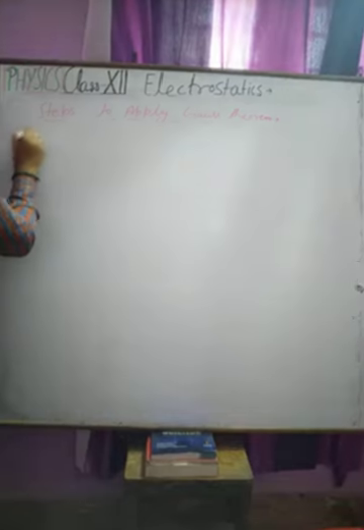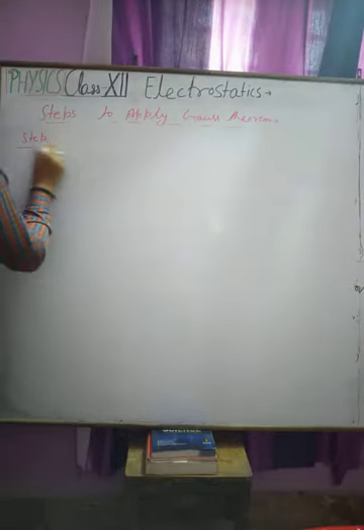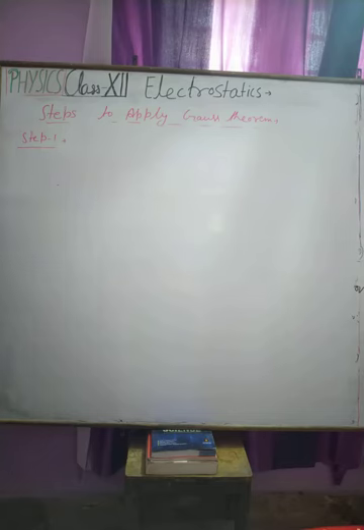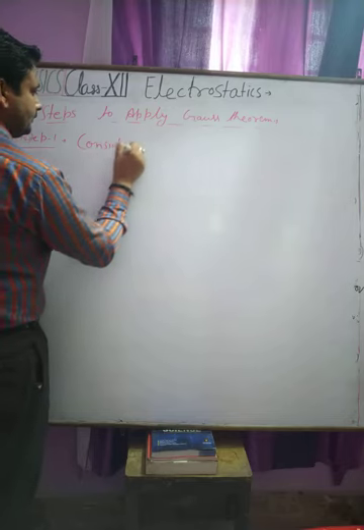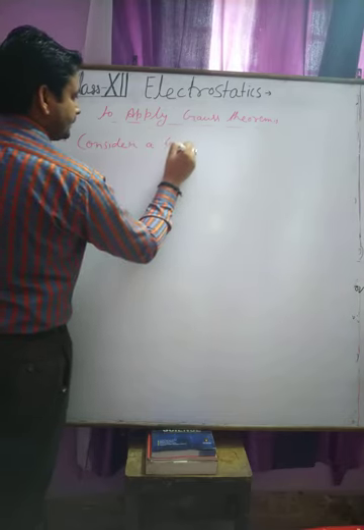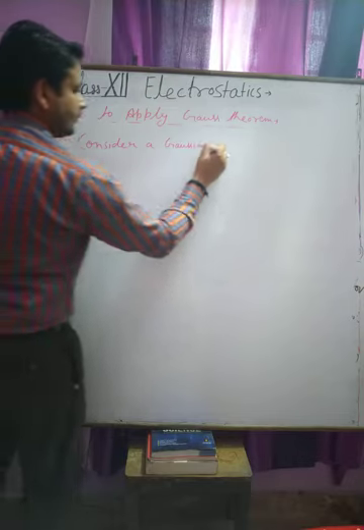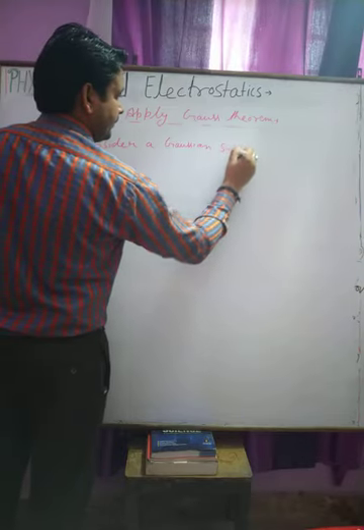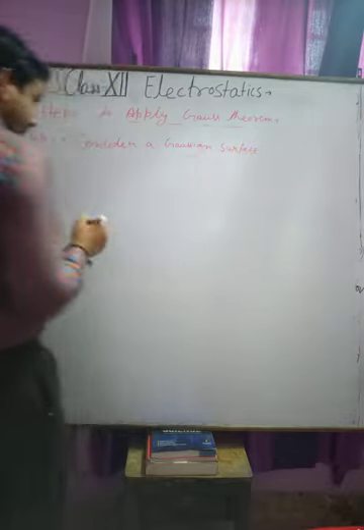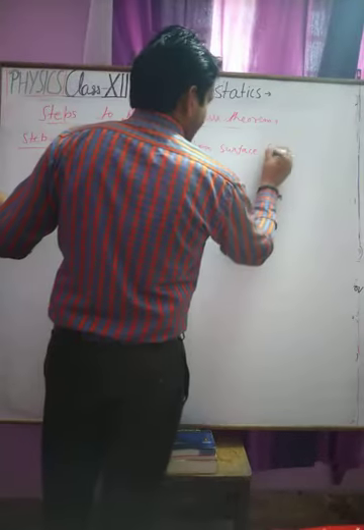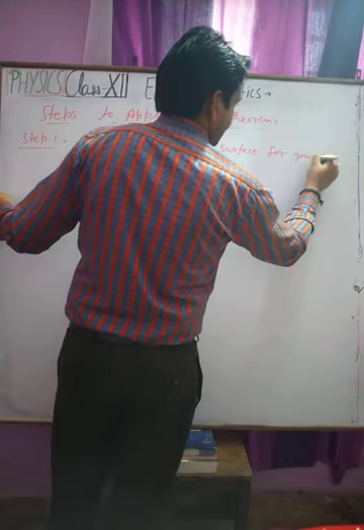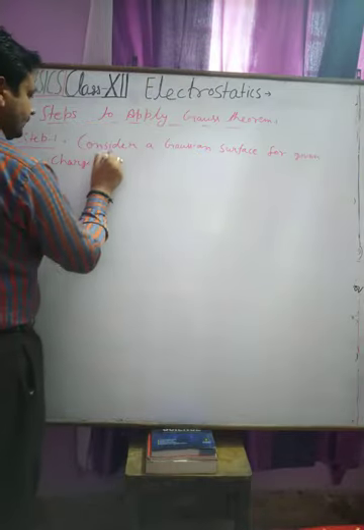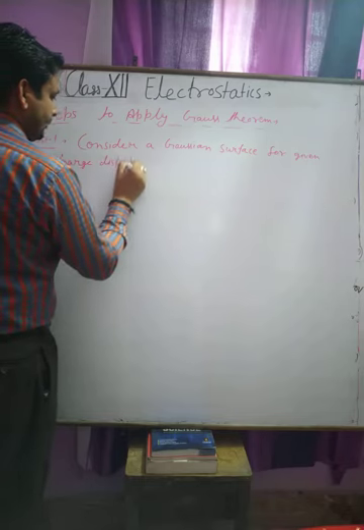Okay, step 1. स्टेप 1 में हमें क्या करना है, consider a Gaussian surface for given charge distribution.